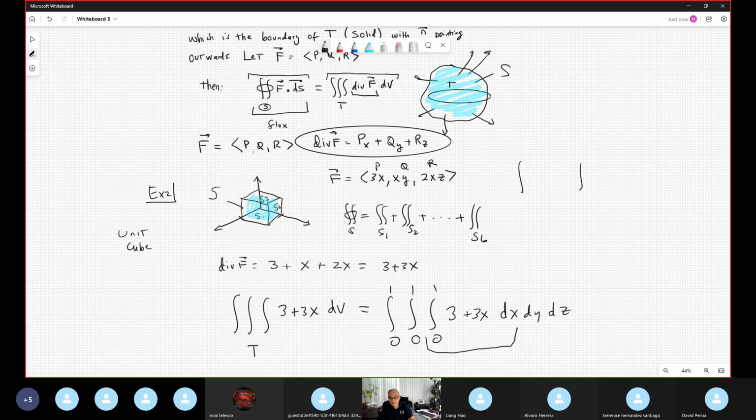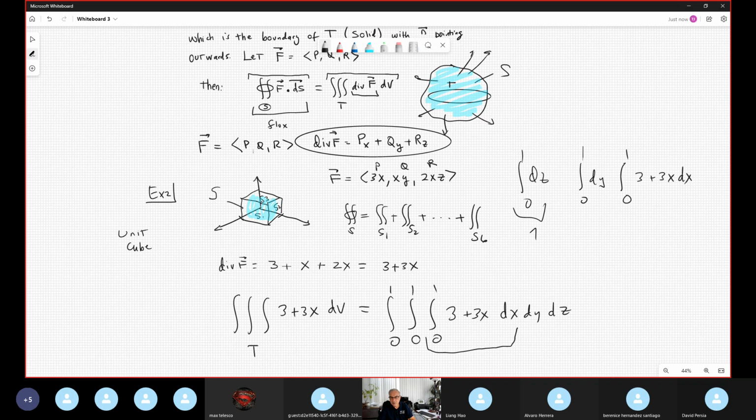This integral is 3 plus 3x dx from 0 to 1, dy alone from 0 to 1, and this is from 0 to 1, dz.